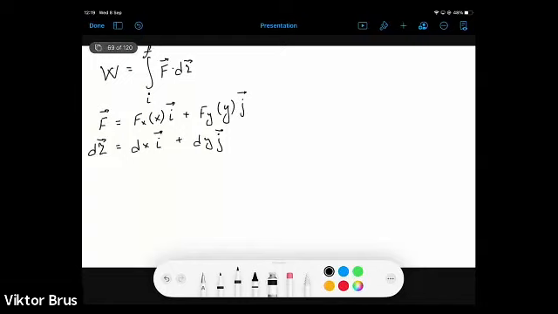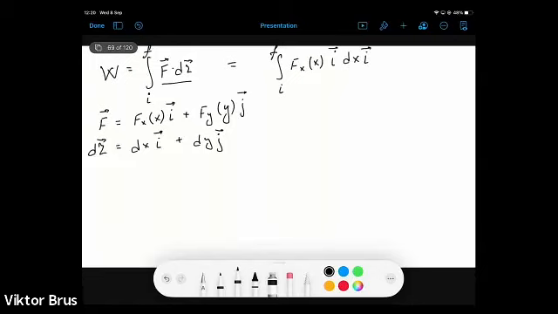So now we can substitute these equations into this integral, and we will get the following. So it will be integral from initial point to final point, Fx times i unit vector times dx times i unit vector.